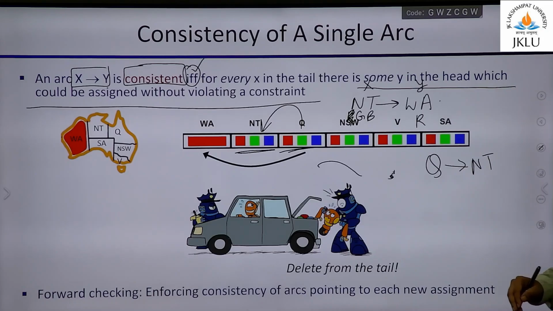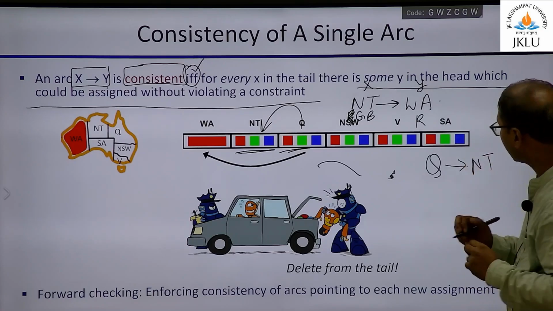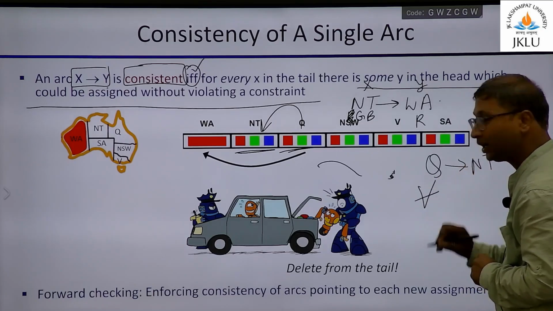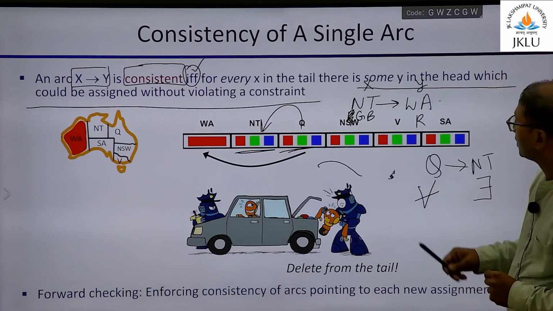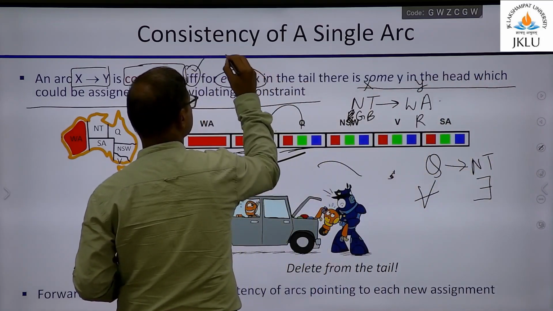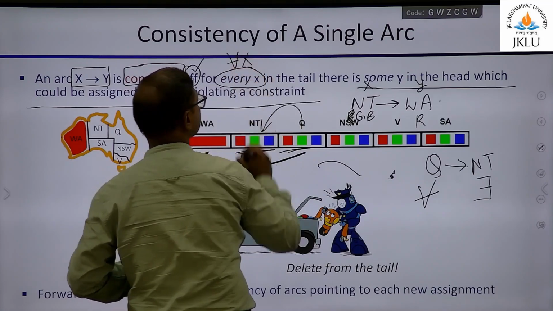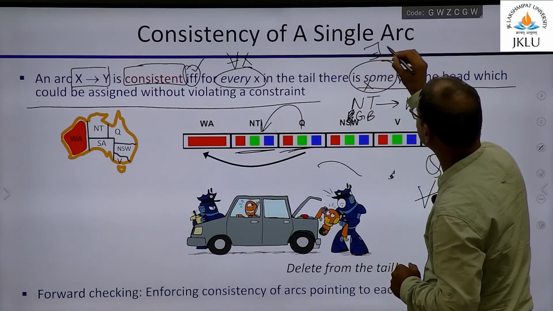Now, this is a quantifier that you see in logic a lot. For all, and there exists. So see what is written here. For every x, that means for all x in tail there is some y, so there exists a y.